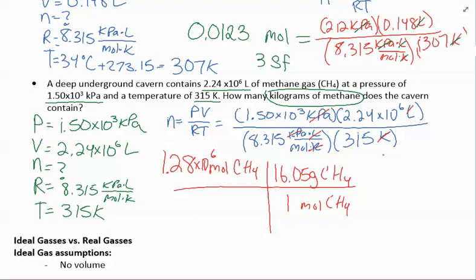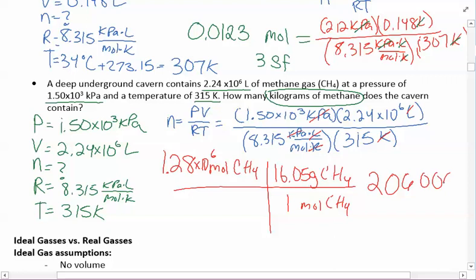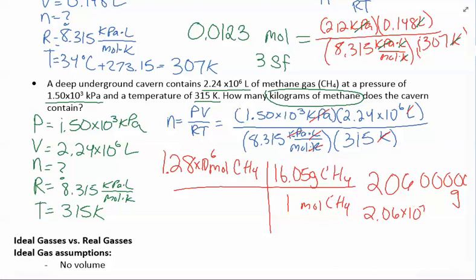So you're going to end up with 206, a really big number of grams here. So that's 20 million grams of methane here, which we should probably write in scientific notation as 2.06 times 10 to the 7th grams of methane.